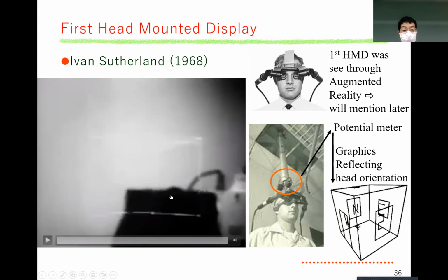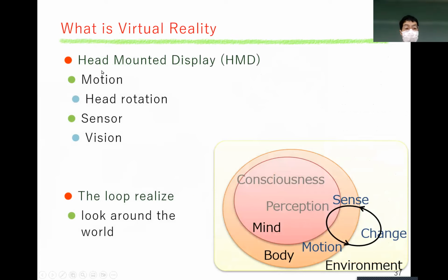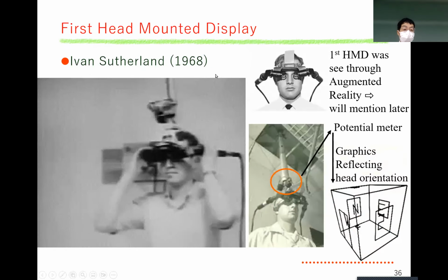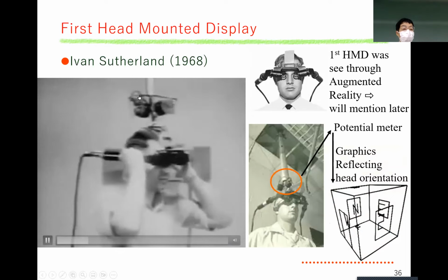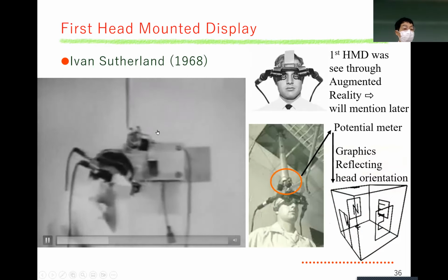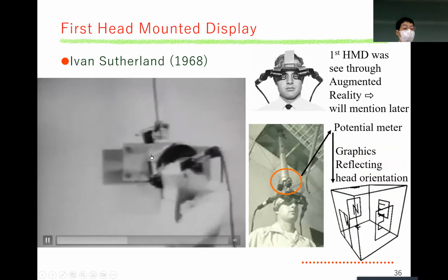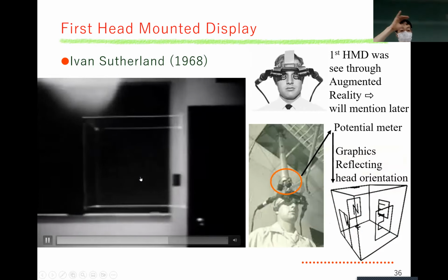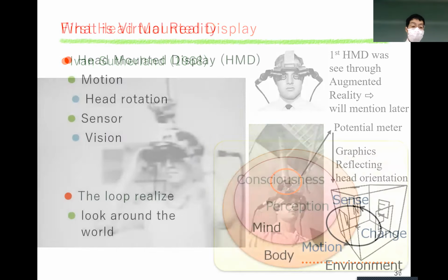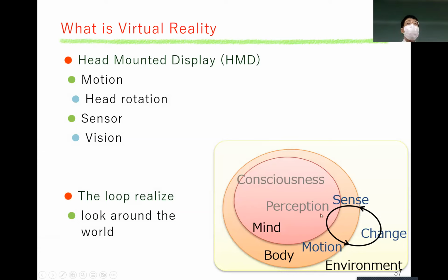In this case, the head-mounted display also measures the head rotation with this potentiometer. Then this link measures the head position and the head rotation. And based on this kind of change of body position, what we perceive is also changed because the image is updated based on the viewpoint. So this loop is working in this case.